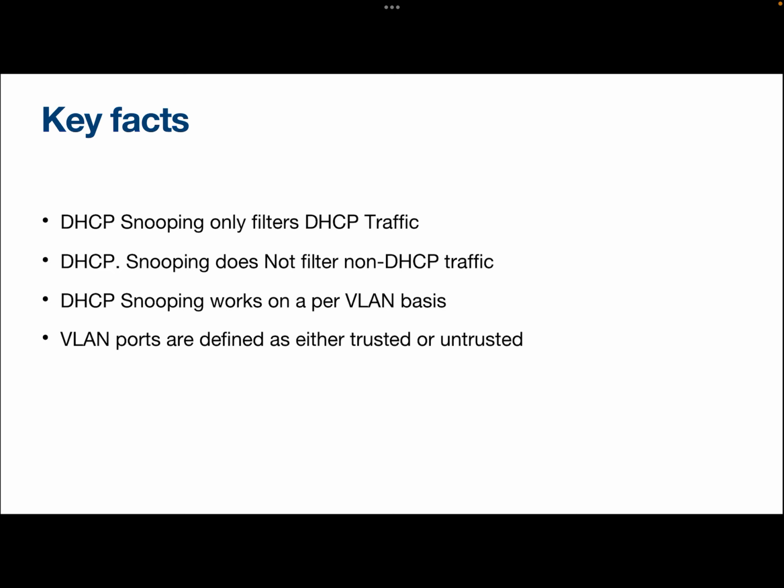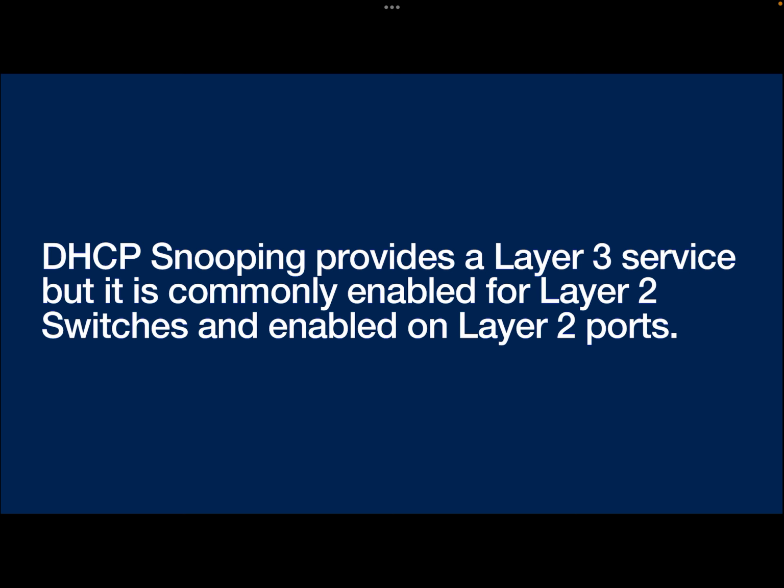The untrusted ports are normally connected to end-user devices, because the issues are related to end-user devices, rogue end-user devices that are trying to initiate attacks. So trusted or untrusted ports, that's very important to remember.